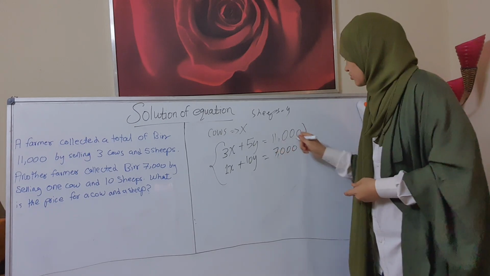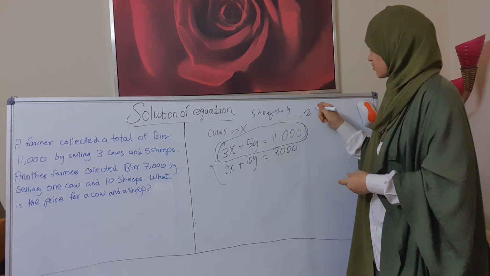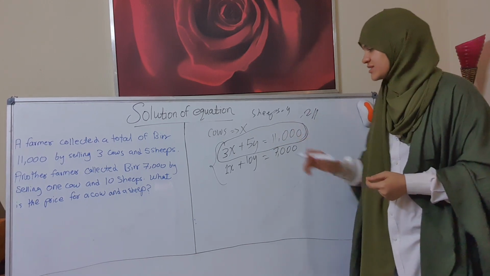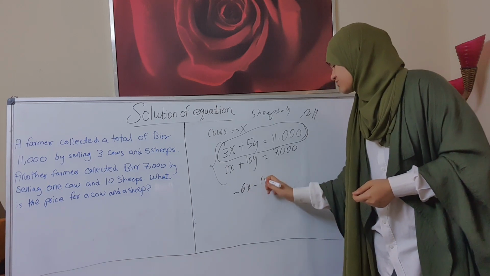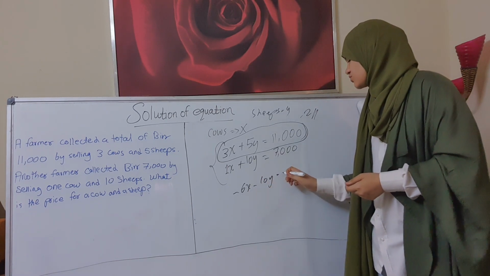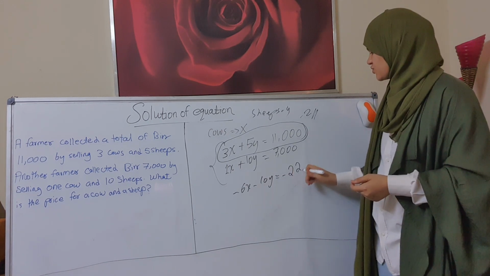So what we will do here, we will multiply the first equation by negative 2. That means negative 6x negative 10y is equal to negative 22,000.